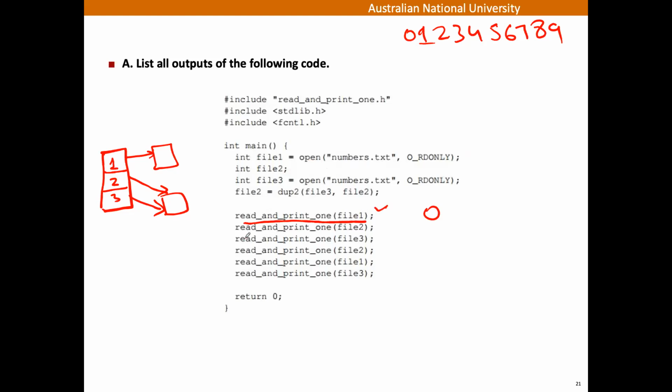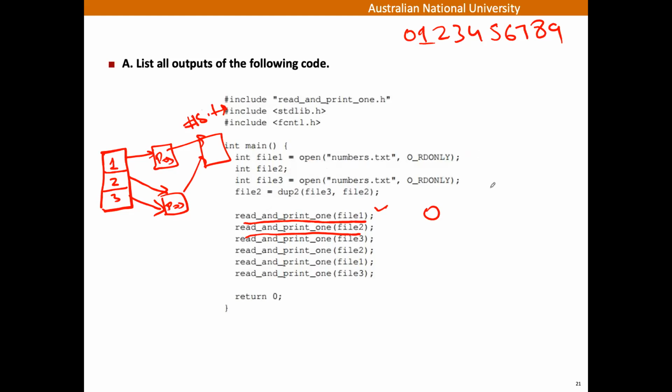What will this print? They are both pointing to numbers.txt, but their positions are different: 2 and 3 are pointing to the same position, and 1 is pointing to a different position. So that's the use of those tables.